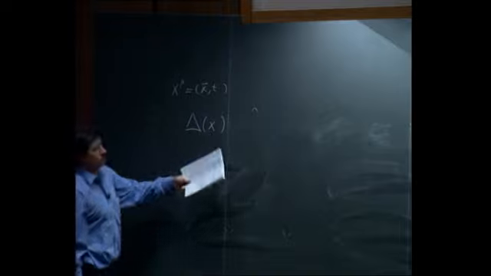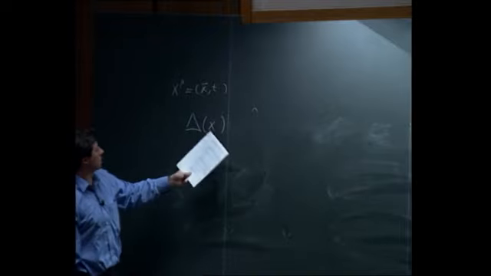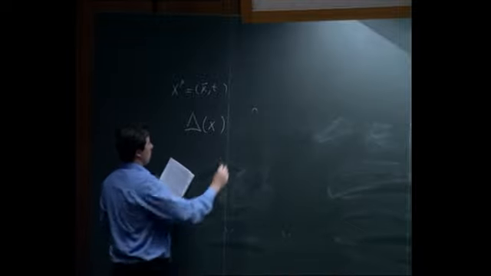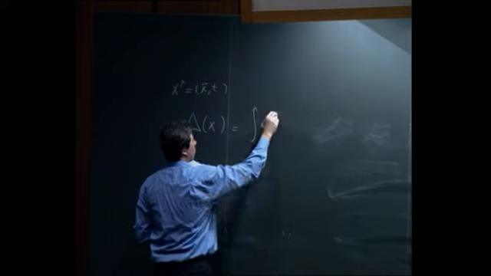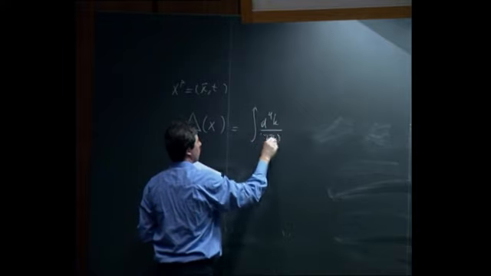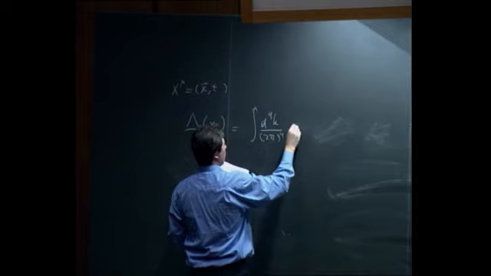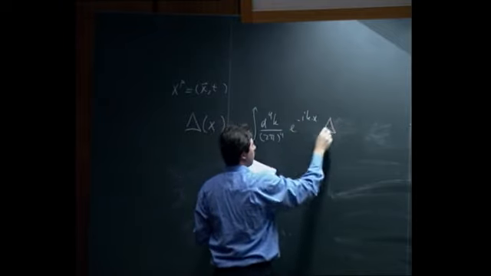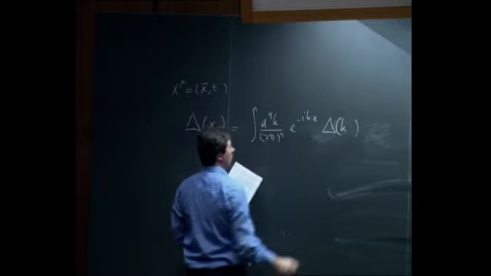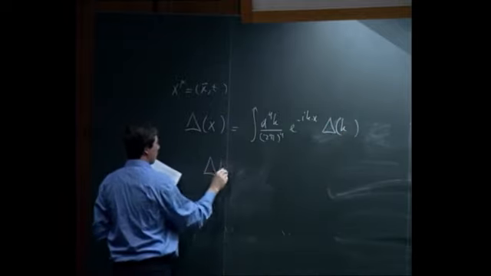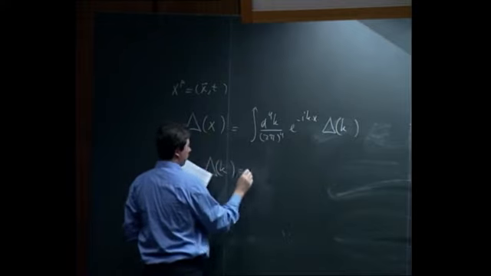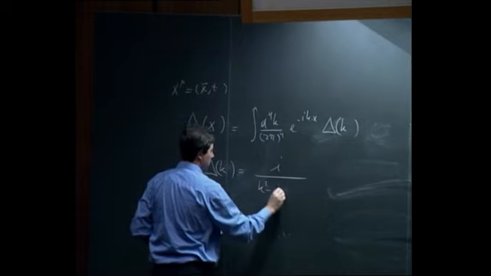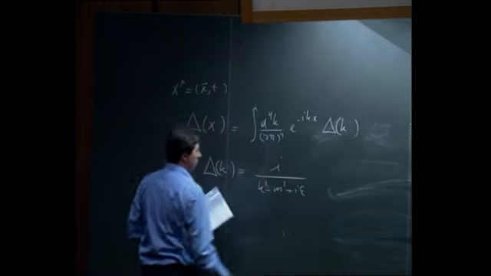Then the propagator, which was a function of only x minus x prime and t, I can write as a function of one variable, x, as this integral d to the 4k over 2 pi to the 4th, and then a plane wave, and then there's delta of k, where delta of k I'll identify with my propagator. And so that's i over k squared minus m squared plus i epsilon.